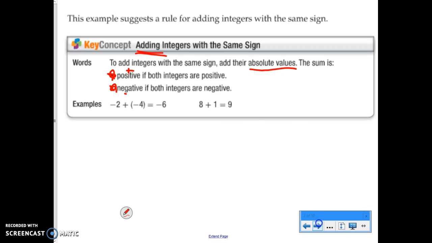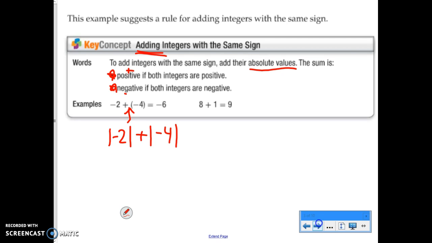So here you need to write these examples down. It says you're adding, remember, -2 plus a -4. Well, here I just would take the absolute value of -2 and the absolute value of -4, and what that's telling me is I add those together.